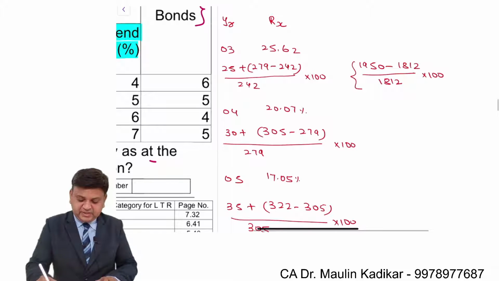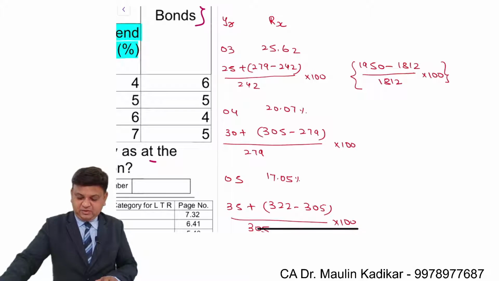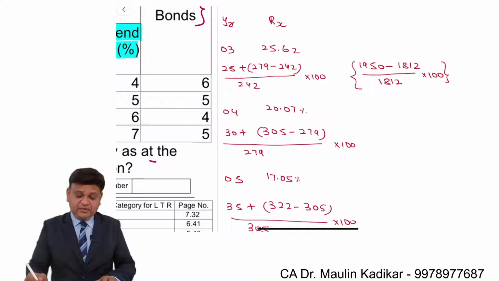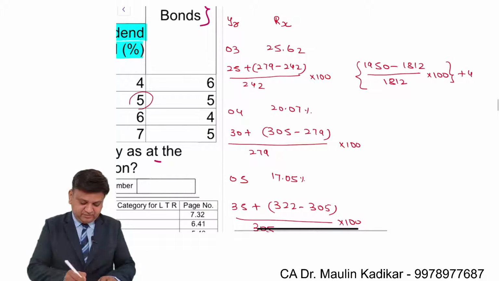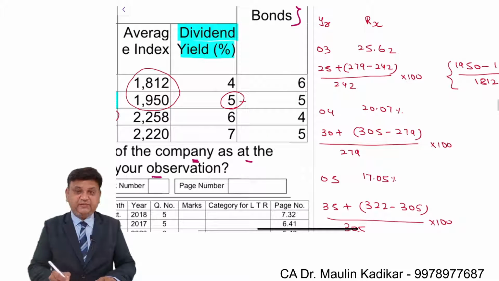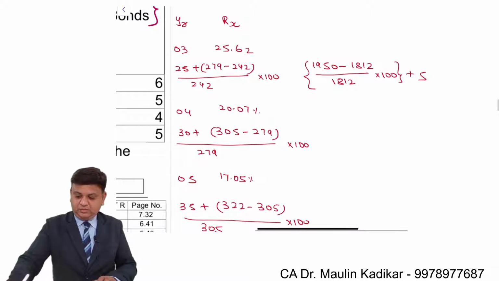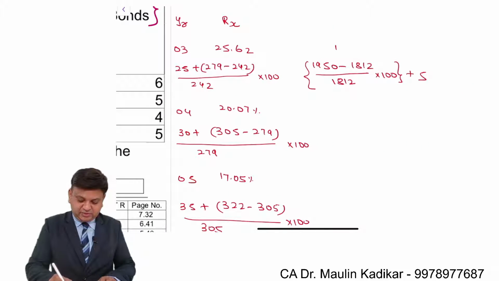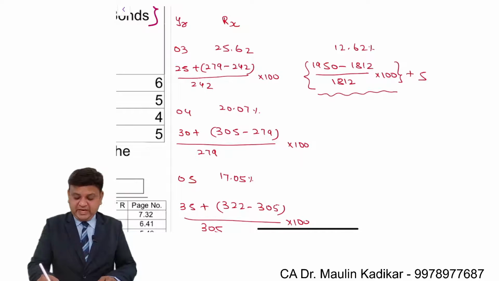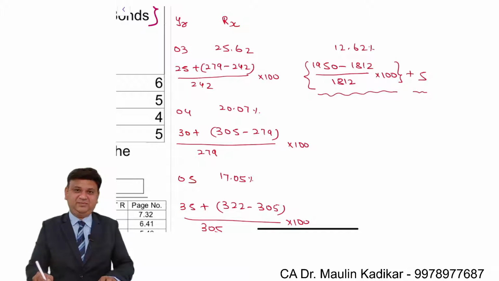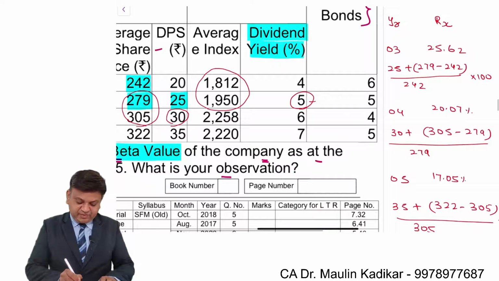This is the way the capital gain yield will be found. That comes to 7.62% plus 5, because we have been provided with the dividend yield directly. This 5 will be added. So it comes to 12.62 percentage, because this is calculated in percentage term and this is already provided in percentage term.